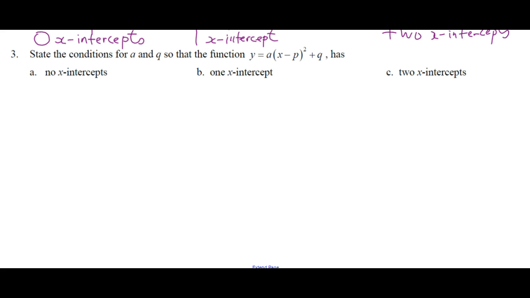State the conditions for a and q such that the function y equals a times x minus p quantity squared plus q has no x-intercepts. Okay, let's start with a is greater than 0. If a is greater than 0, then what can we say about q?